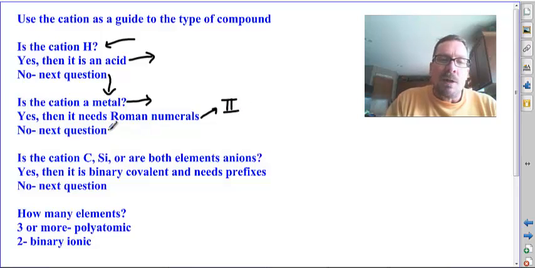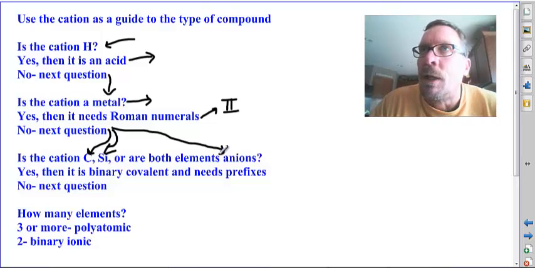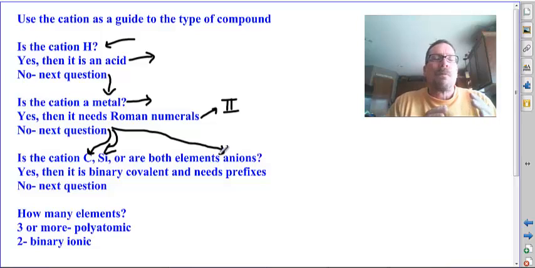If I say no, it's not that, then I'm going to look and say, is the first element carbon? Is it silicon? Or is that first element an anion? Or are the two together? In that case, I'd probably be looking at just two elements. Is it an anion? Do I have two negative elements together, because we know they couldn't do that and they would repel each other.